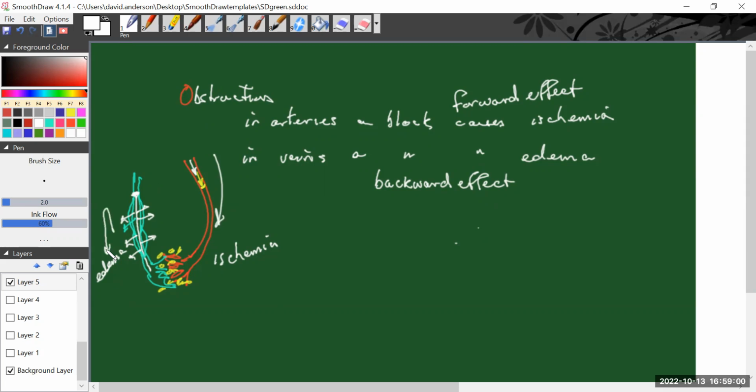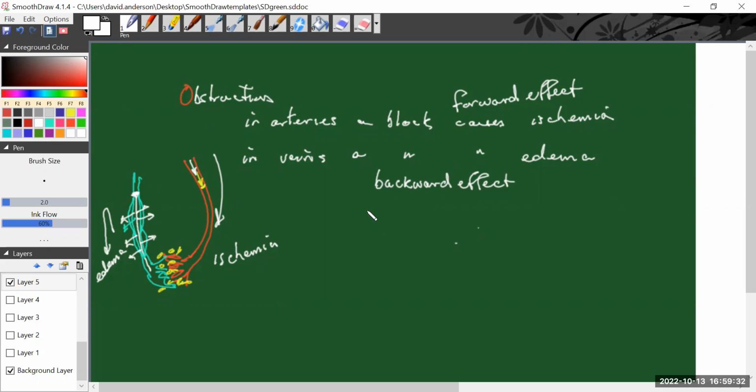We okay with that when we're looking at obstructions in these two different vessels? If you have a question, ask a question. No, we're okay. We can keep going. We'll build on this.